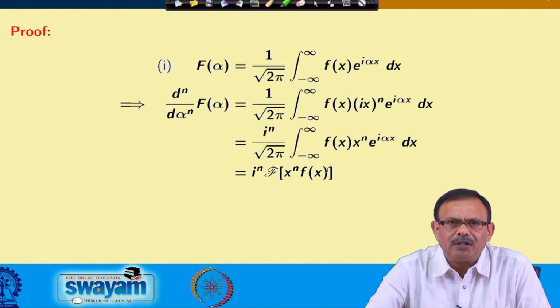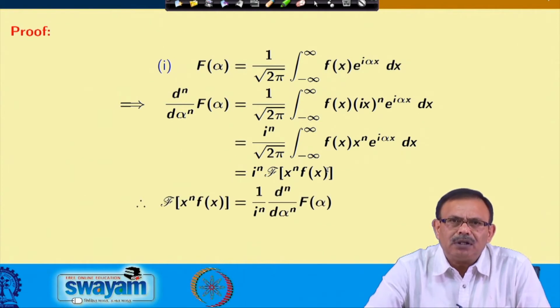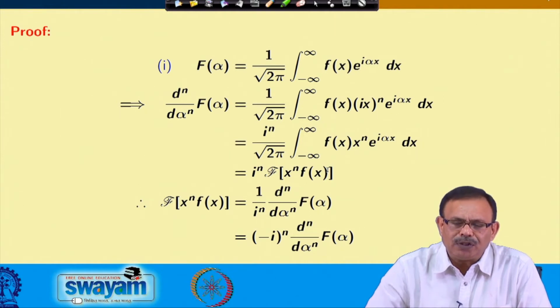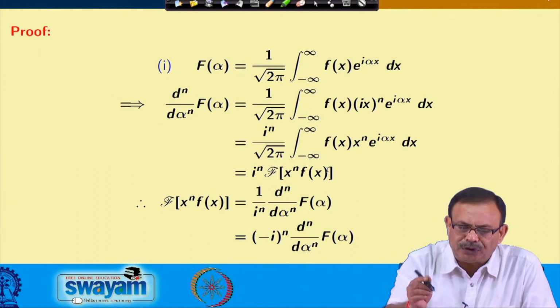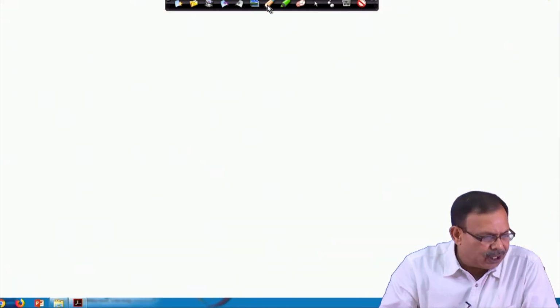So, once I get the Fourier transform of x to the power n f(x), I can write the Fourier transform of x to the power n f(x) equals 1 by i to the power n, d^n by d alpha^n of F(alpha), and this I can write as minus i to the power n, d^n by d alpha^n of F(alpha). This completes the proof of the first one. Let us see the proof of the second one now.